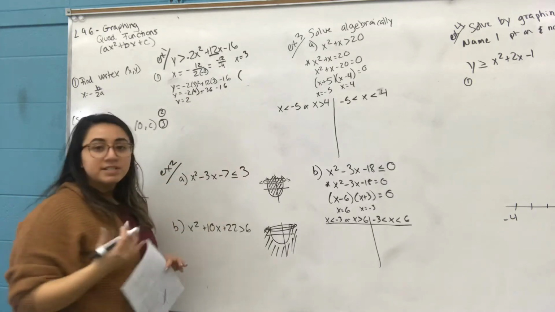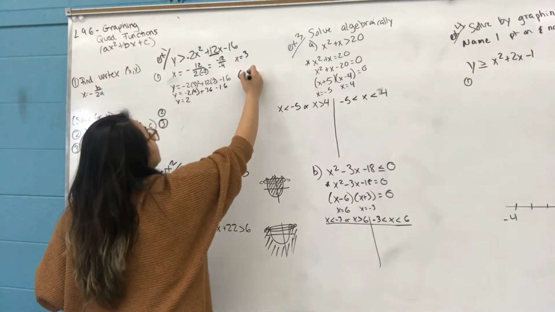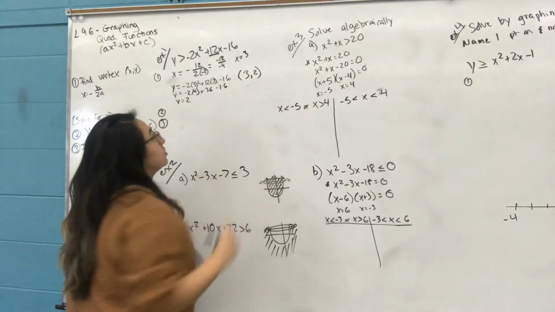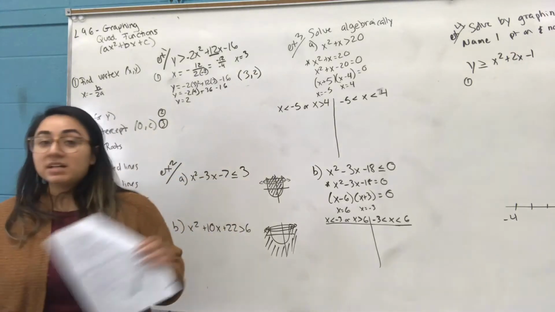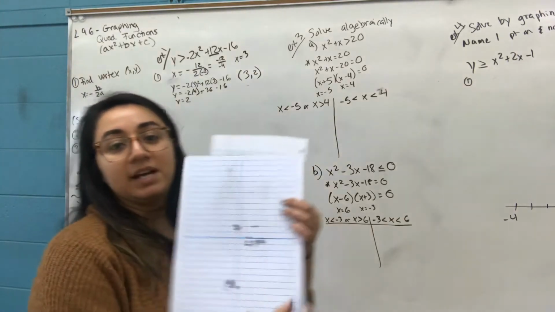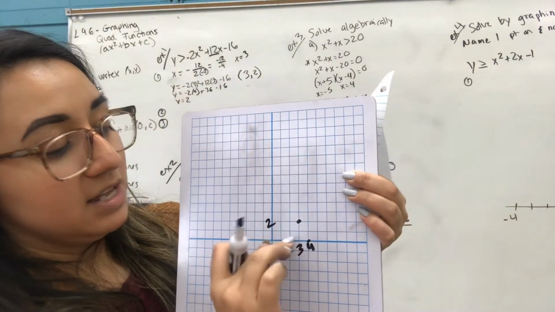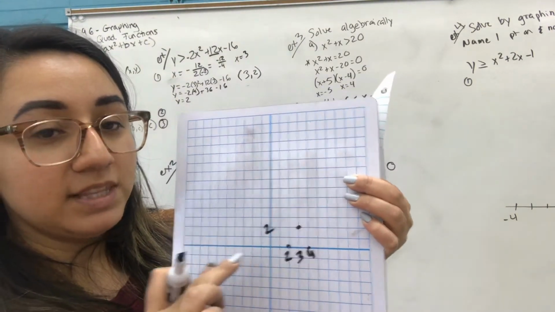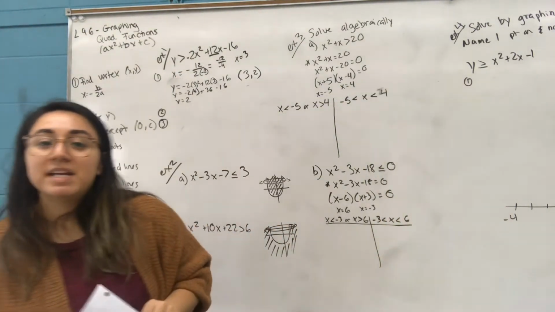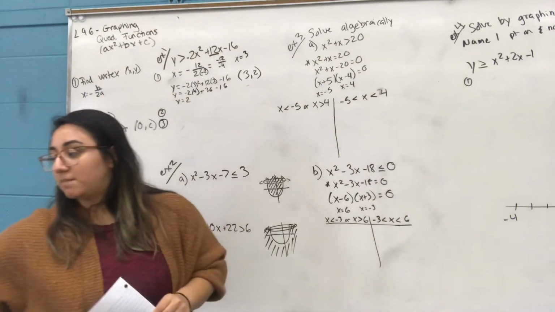That means my vertex is 3, comma 2. I'm going to have it on my grid here. So 3, comma 2 is that point right there. That's my vertex, meaning it's my maximum point of my graph.